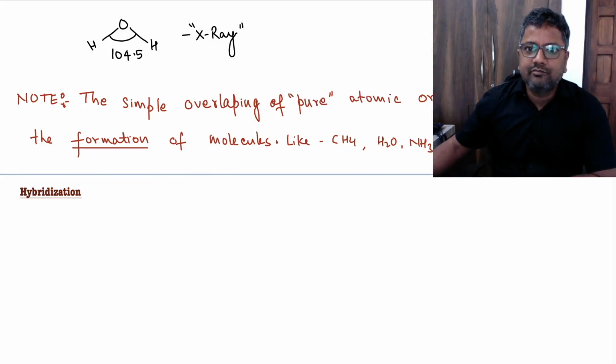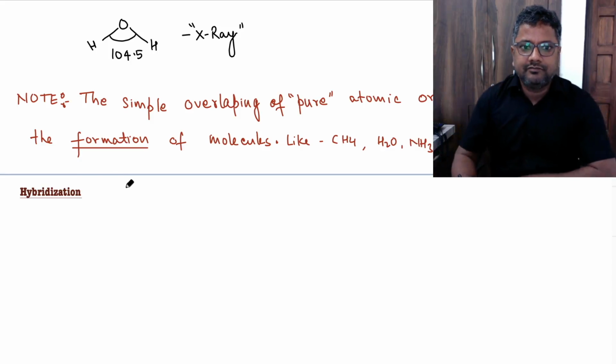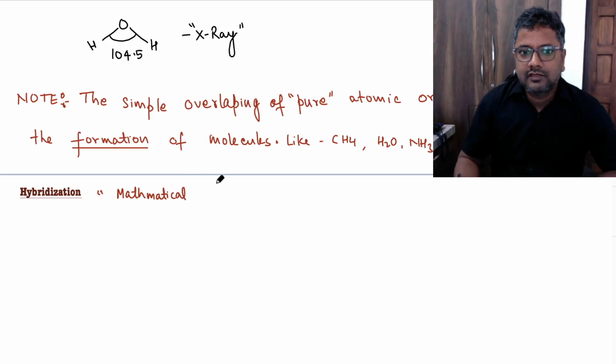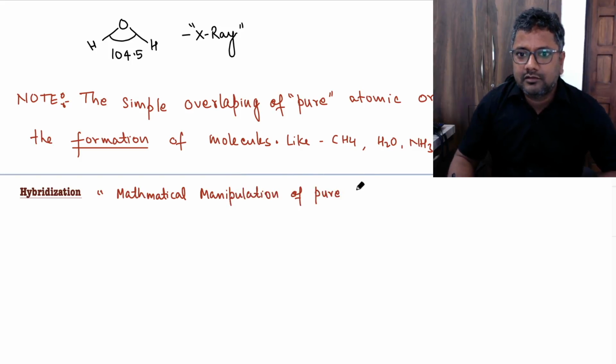You can simply define hybridization as the mathematical manipulation of pure atomic orbitals.